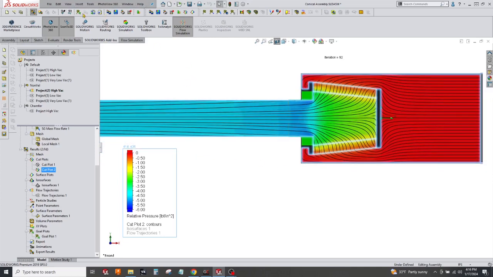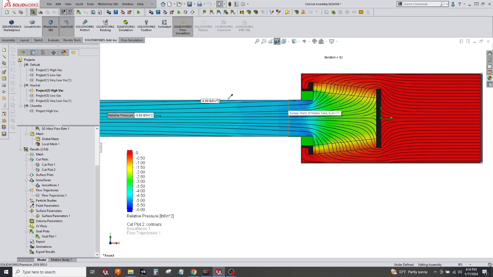So I'm going to go ahead and grab my little tool here, and we'll take a look at this pressure and this pressure. And we can see from that we have a relative pressure of about minus 4.7, and as you would expect, this is going to be about 0. So when I say relative, this is relative to the atmospheric pressure. So we can see in this case we got about 4.5 psi of vacuum in this particular scenario.